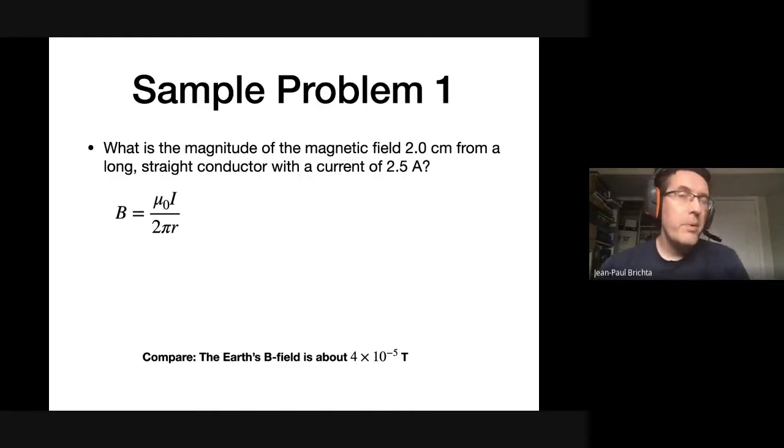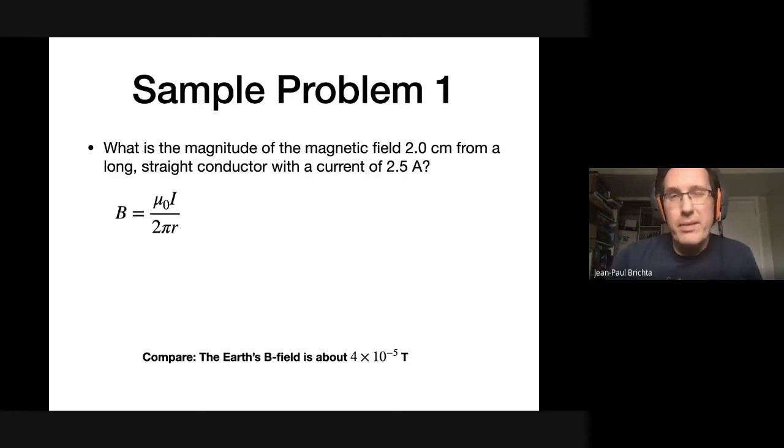The reason why I pose this problem is I want you to think about this. If we had a little compass, one of those little compasses that you sometimes see in the lab, or on a survival kit, those can detect the Earth's magnetic field. But if we had a current-carrying conductor nearby, could we actually deflect them?